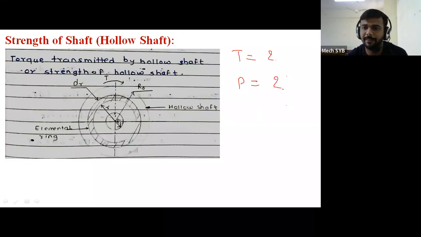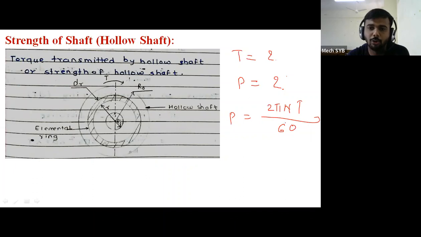So the power formula we have is the same for both, 2 pi NT divided by 60. This formula is applicable for the solid shaft as well as the hollow shaft. But there is a change in the torque transmission capacity or torque formula.